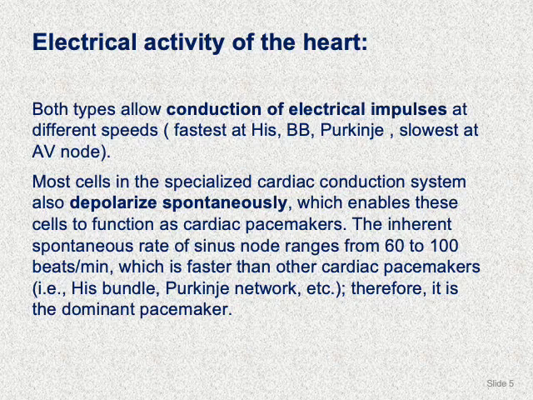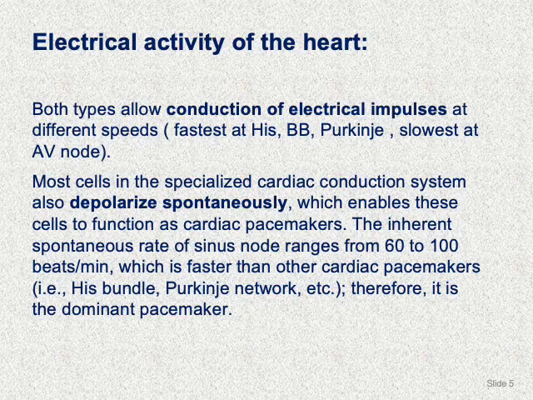The AV node can also fire spontaneously but at a slower rate. The bundle branches and Purkinje fibers also can fire but at a very slow rate, and it will not be apparent unless the dominant pacemaker, which is the SA node, stops working for any reason. So when the SA node depolarizes at a fast rate, it suppresses other potential pacemakers.